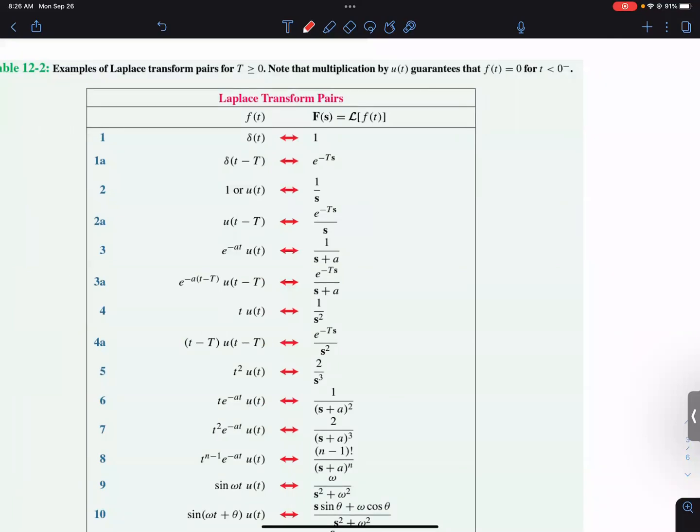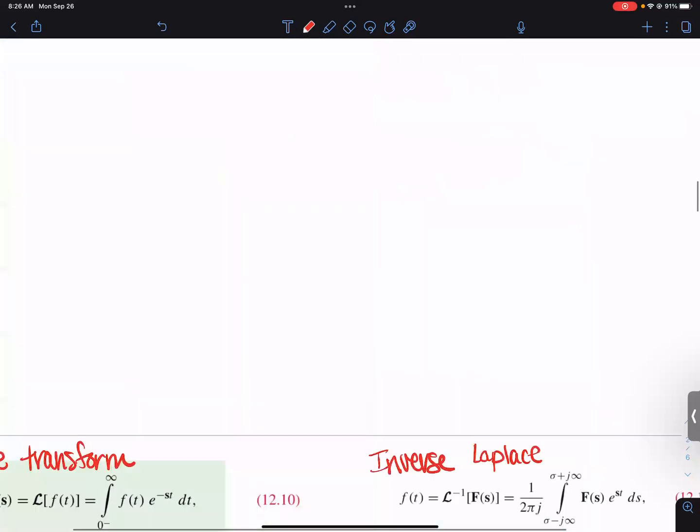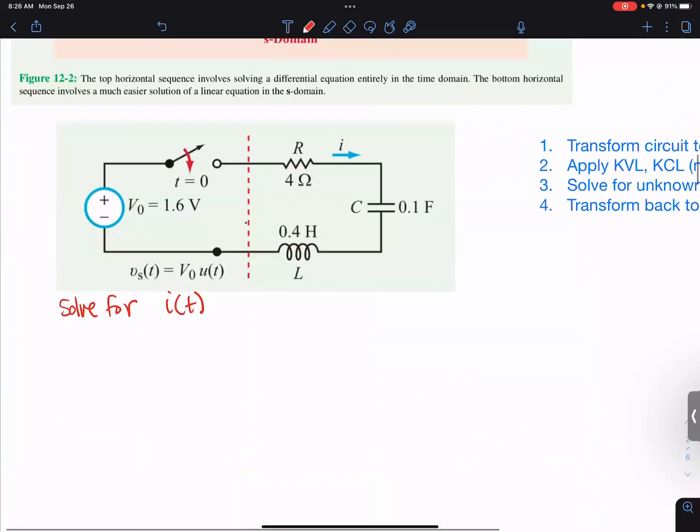Well, I'll back up. So if I wasn't going to use the Laplace and I was going to just solve for this, I would have the voltage across this, the voltage across this one.